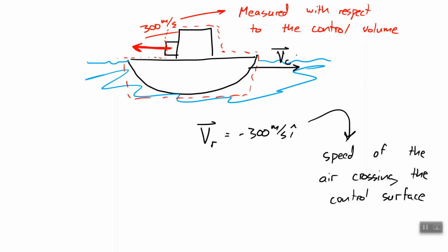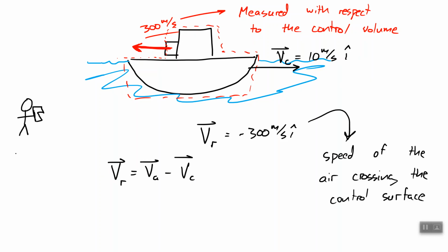We do know that the boat is moving to the right at 10 meters per second. So if we wanted to, we could actually solve for the absolute velocity of the air. We do not have to do this, but if someone is on the shore with their radar gun, and they are measuring the speed of the air exiting the boat, well, we know that according to the boat, the air is exiting at negative 300 meters per second i hat.